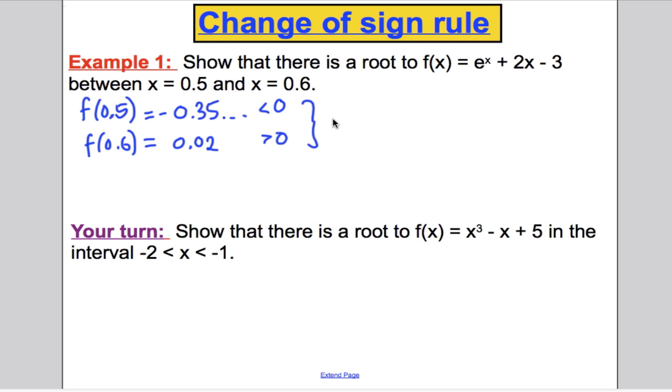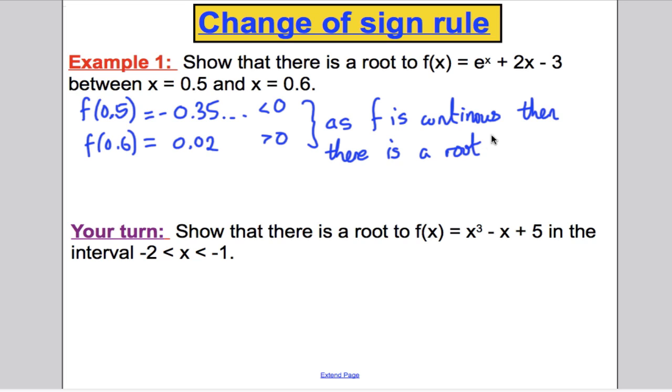And then you can say, as f is continuous, how do we know it's continuous? Well, we know e to the x is a continuous function, 2x is a continuous function, and subtract 3 will keep it continuous. So as f is continuous, then there is a root between x is 0.5 and 0.6, and it's as simple as that.